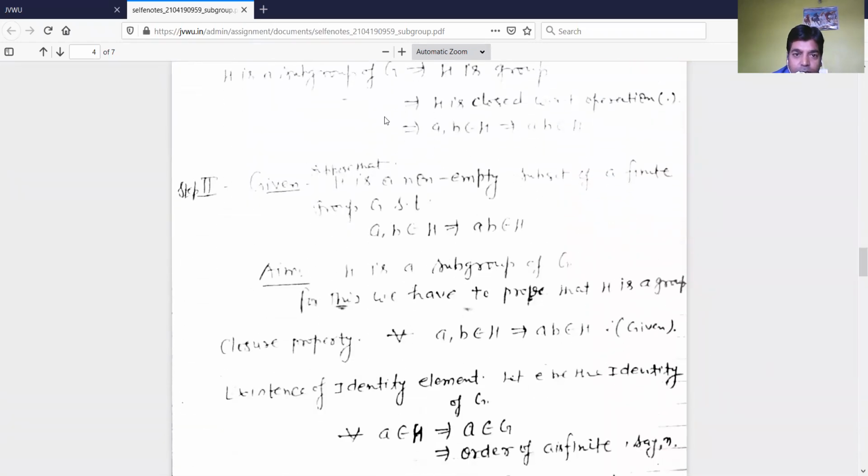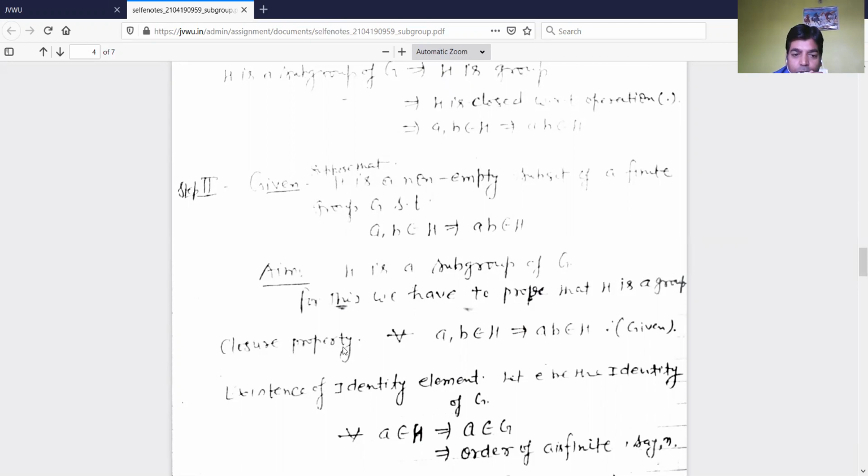Now H is a subgroup of G, that implies H is a group, that implies H is closed with respect to multiplication. That implies A, B belongs to H implies AB belongs to H. Conversely, suppose that H is a non-empty subset of a finite group G such that A, B belongs to H implies AB belongs to H. Our aim is to show that H is a subgroup of G. For this, we have to prove H is a group.